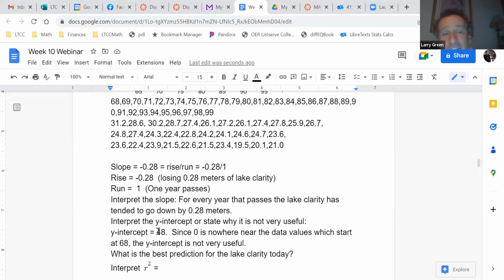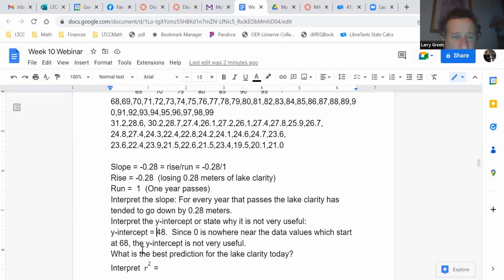So if 0 doesn't make any sense, or if the y-intercept number doesn't make any sense for the y value, the y-intercept's not useful. And also if 0 is nowhere close to any of these values, nowhere in the vicinity, then it's also not useful. Any questions on that so far?